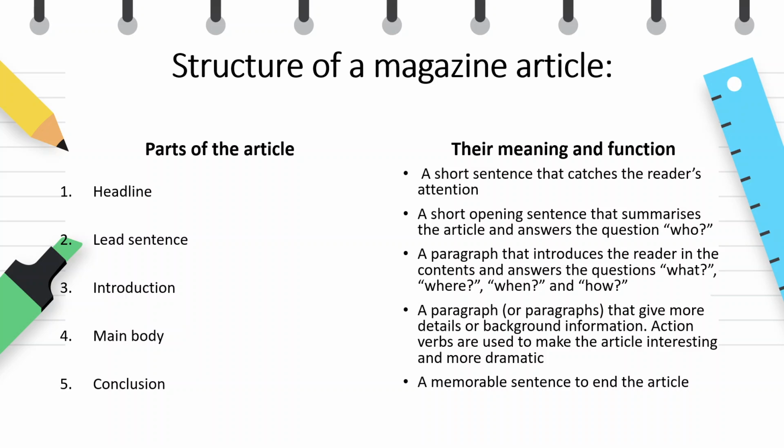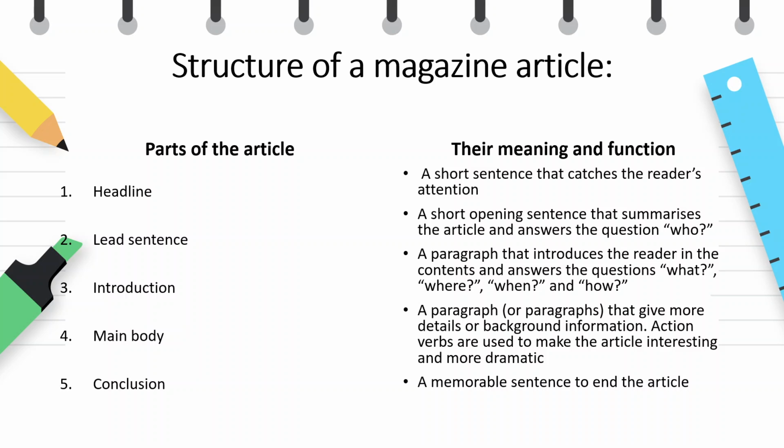The main body is a paragraph or several paragraphs that give more details or background information. Action verbs are used to make the article interesting and more dramatic. Conclusion: this is the last part of the article and it is a memorable sentence to end the article.